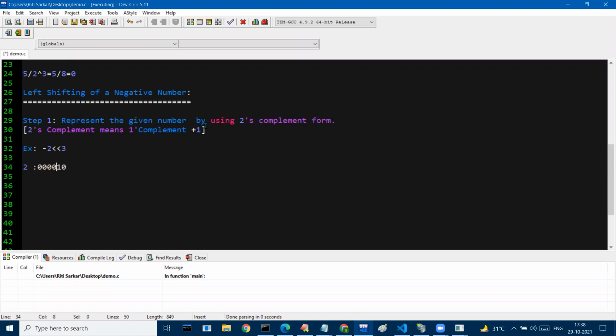So represent it in the form of 32 bits. How many bits are there here? 8. I have to represent the number in 32 bits. No problem, let me copy this. 32 bits now. 8 plus 8, 16, on the left hand side of course.